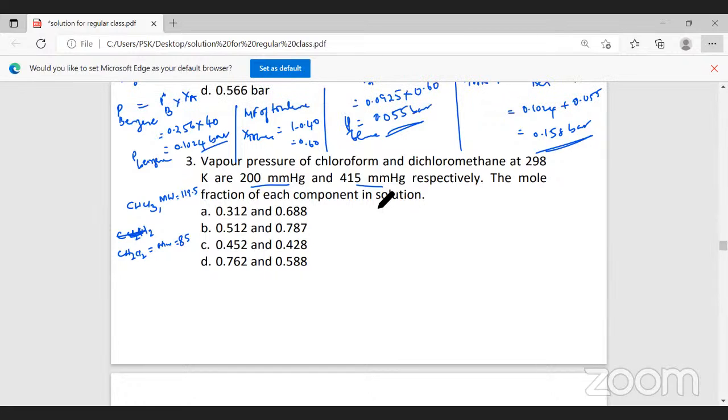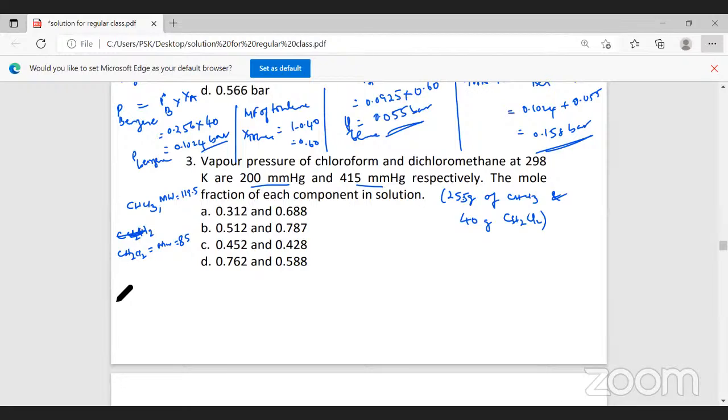I mistyped here. We can write 25.5 grams of chloroform and 40 grams of dichloromethane.